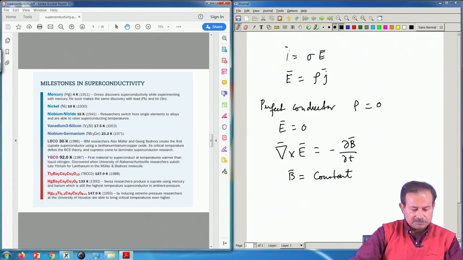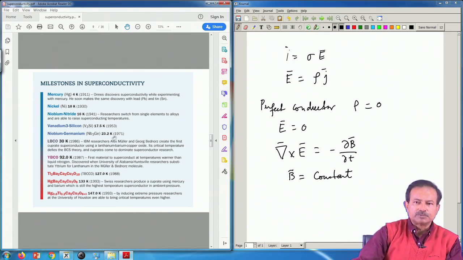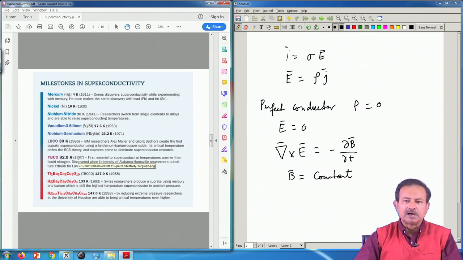La2CuO4 is an antiferromagnetic insulator, whereas if you dope with barium or lead, it becomes a superconductor, and this superconducting transition temperature is fairly high, 30 degree Kelvin. That is called a high temperature superconductor.